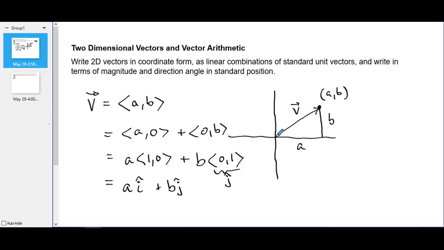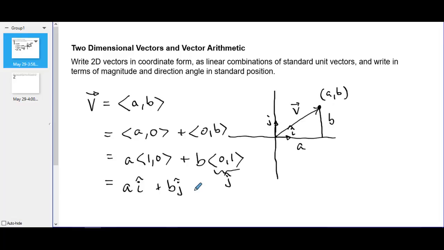So what I'm really saying is that if I was this vector, and j is here, this vector, then I could say multiply I by the scalar value A, and it produces a longer vector A times I, add B times the unit vector j, and you have this vector that we could imagine being here, and it's the sum of the two that form the vector V. So it's the sum of these two vectors that form this vector V. So that's what we mean by a linear combination of standard unit vectors, the I and the j being my standard unit vectors.